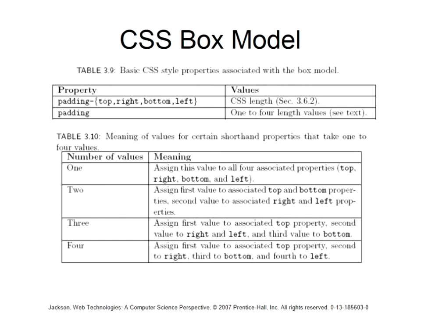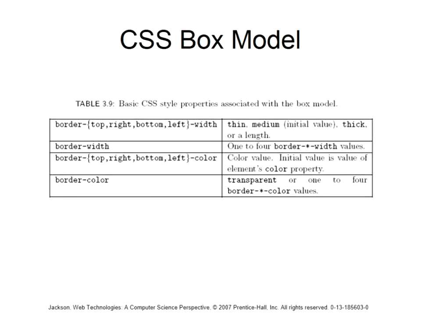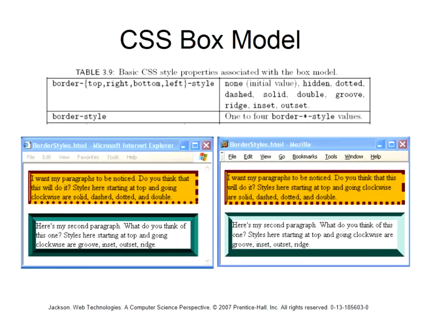So if we write padding 5, 6, 7, 8, that means the padding top is 5, the padding right is 6, the padding bottom is 7, the padding left is 8.